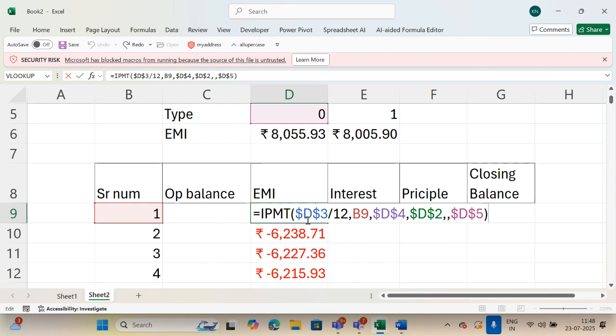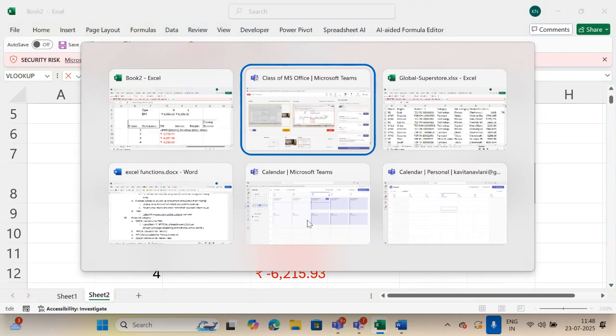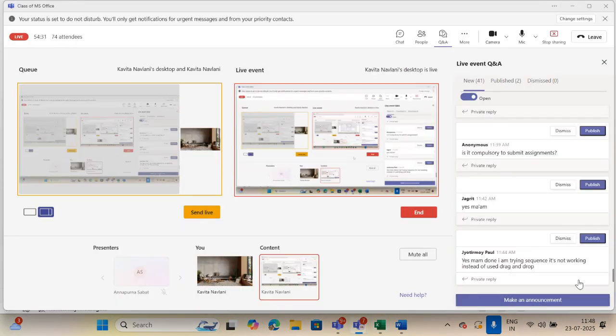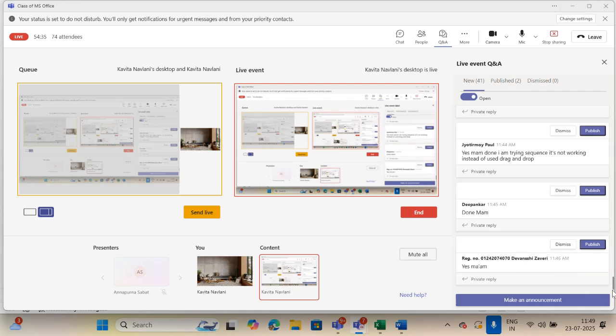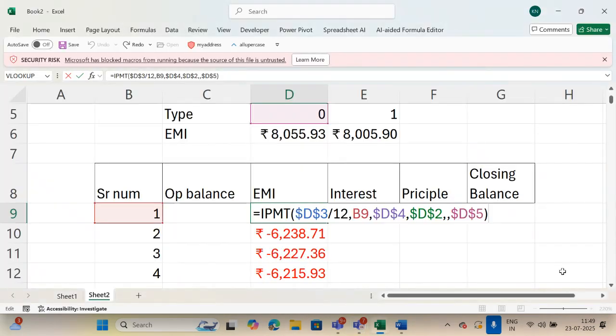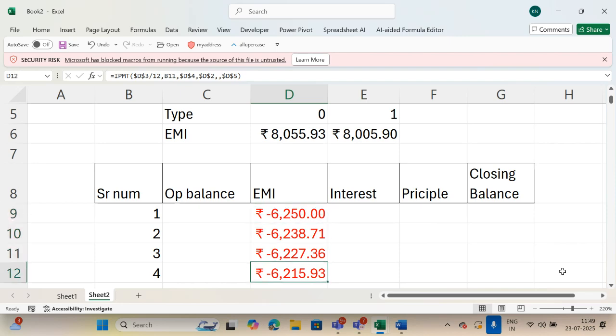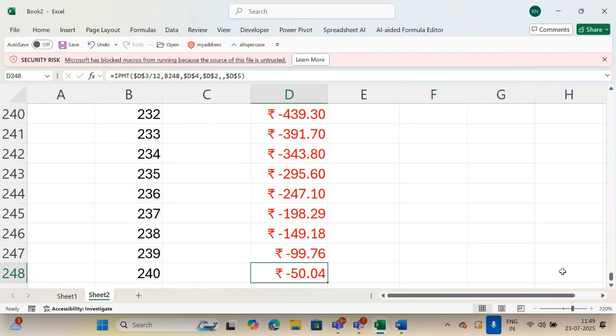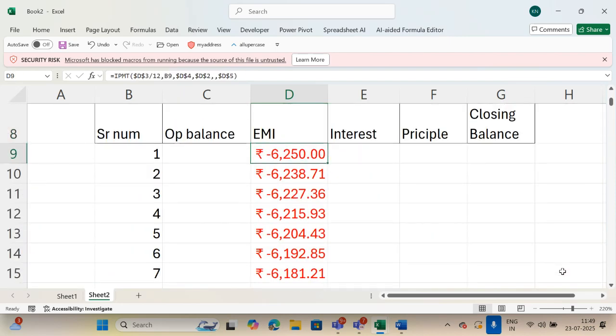Is it the same or not? I'm not checking, I'm asking you, you should check. Jyotirmay, Nitin, is it the same or not? Answer me please.